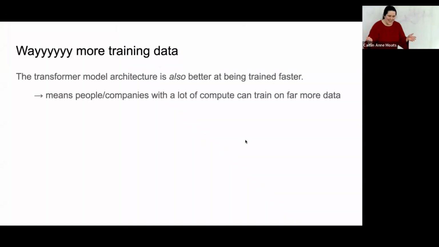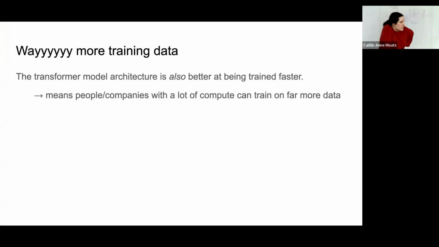Yay. Okay, great. Interesting. Yeah, so basically, what does this mean? Okay, well, if it takes less time to train a model, this means that companies, namely the ones of us who have a lot of computing resources, before they were waiting just as long as we were for the same sorts of models to train.